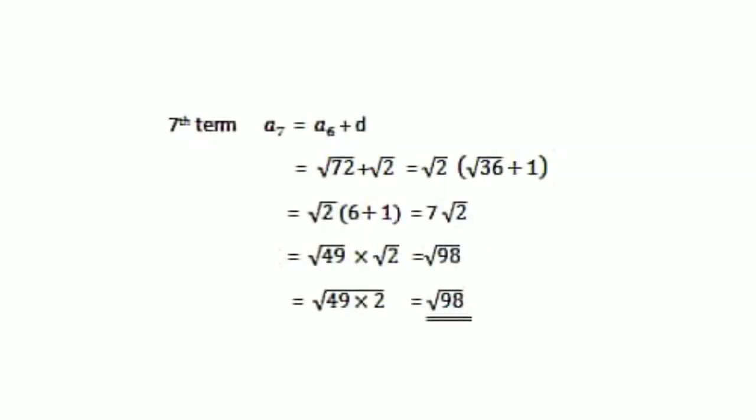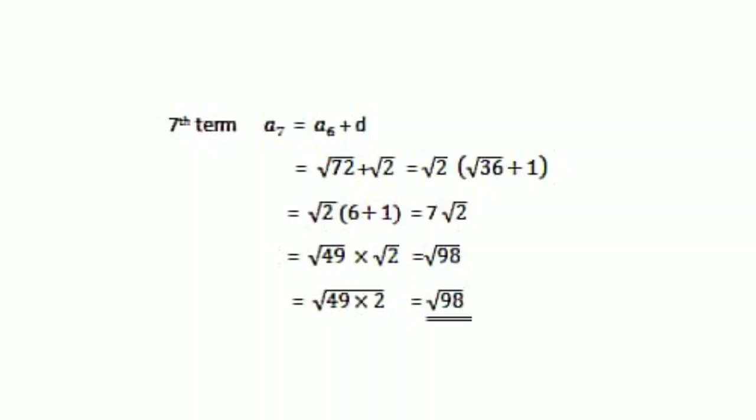Then the seventh term. The seventh term is A7. A7 is equal to A6 plus D. A6 is root 72, so root 72 plus root 2. Take root 2 common. Root 2 into root 36 plus 1. Root 36 is 6.